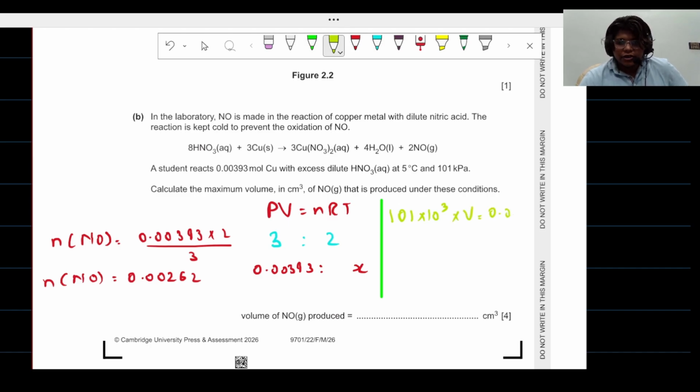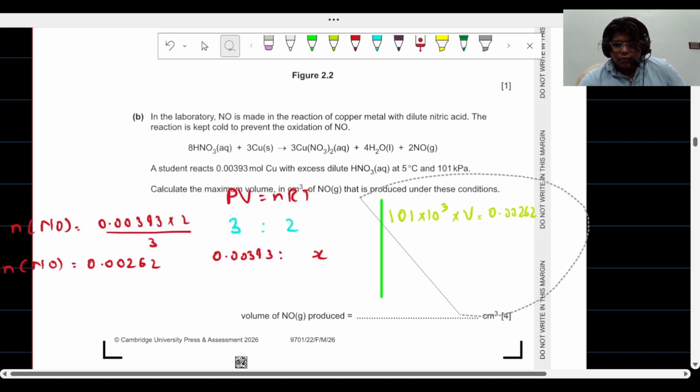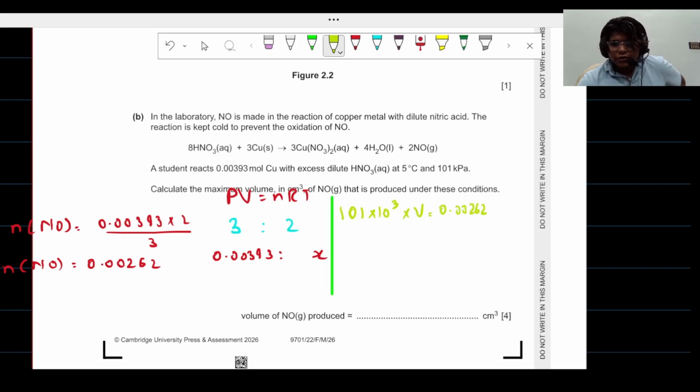Moles are 0.00262, R is 8.314, and the temperature would be 278, because we need to put it in Kelvin.